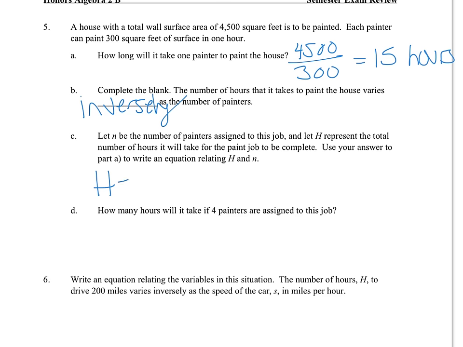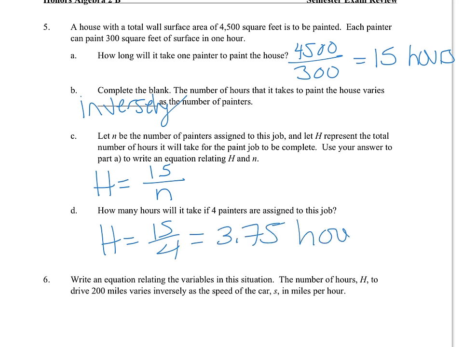To write our equation, the number of hours it takes is going to be 15 divided by n, where n is the number of painters. So if we have 4 painters, 15 divided by 4 is 3.75 hours.